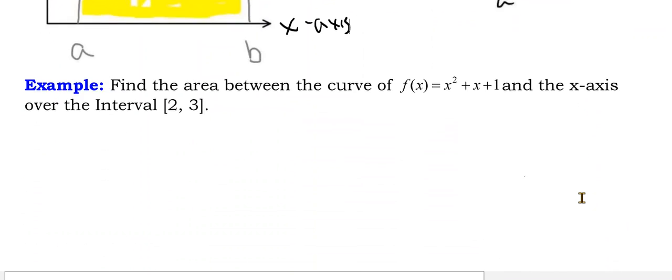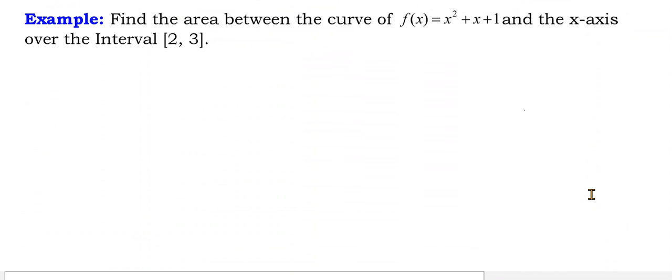So let's do an example. We want to find the area between the curve of x squared plus x plus 1 and the x-axis over the interval from 2 to 3. So go to Desmos, draw yourself a little graph based on what Desmos tells you, and you're going to get something that looks like this.